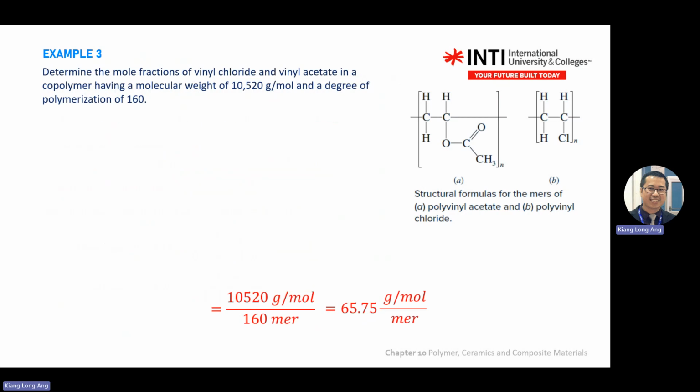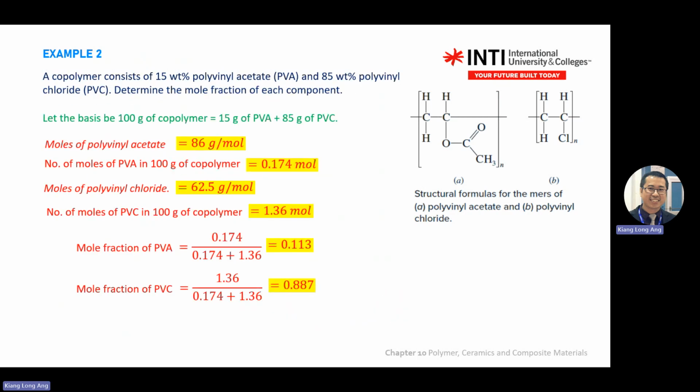The purpose here is to find the mole fraction of this one and the mole fraction of this one. So this is the way you calculate. The strategy is to assume that you have 100 gram, and change this into how many mole of this one, right?